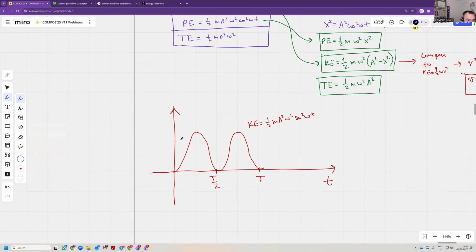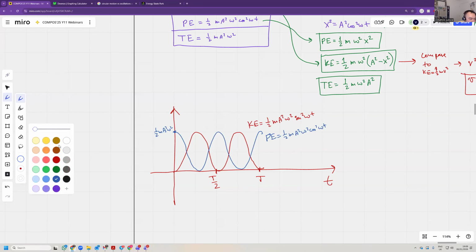And now cosine starts from here. So this is the maximum value, 1/2 m a squared omega squared. And this is the potential energy. Potential energy is 1/2 m a squared omega squared cosine squared omega t.